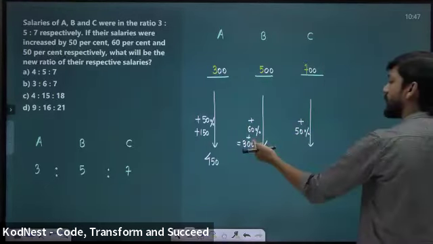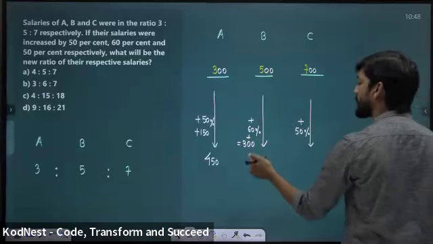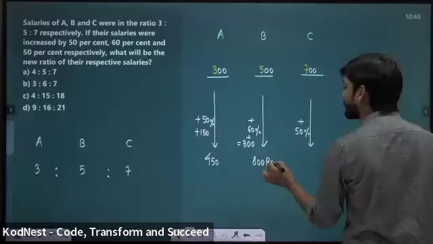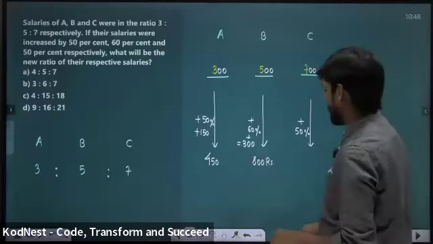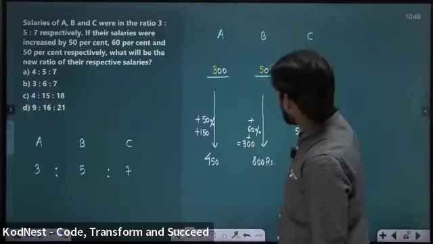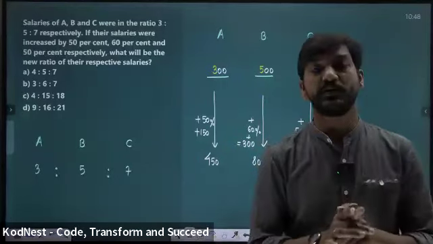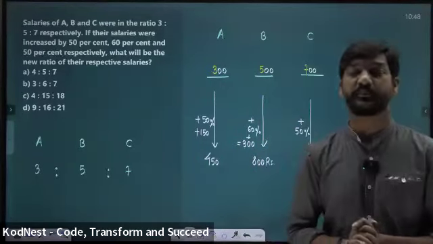So how much is the increase? 300 rupees. 500 plus 300 is 800 rupees.